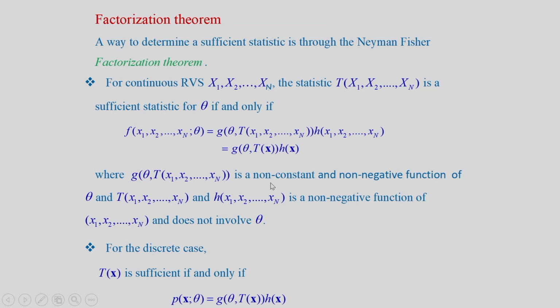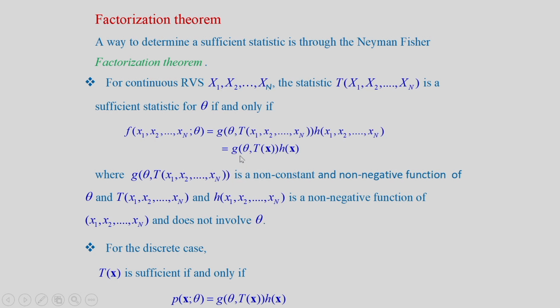So, that way we factorize the joint PDF in terms of two factors, where g(theta, T(x)) is a non-constant, it should be a proper function of x1, x2 etc., and non-negative function of theta and T(x1, x2 up to xn), and h(x1, x2 up to xn) is a non-negative function of x1, x2 up to xn, and it does not involve any parameter theta.